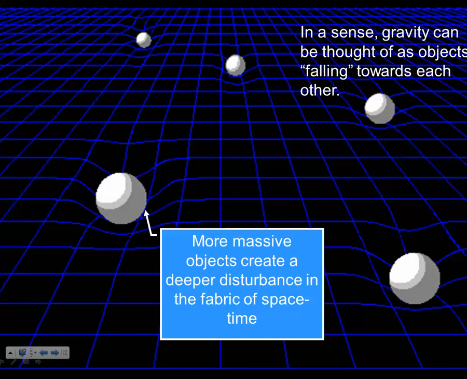And I know this is going to be cheesy, but you'll see it. As the objects fall into these depressions in the space-time fabric, they fall towards the object. And in this case, you saw it kind of came in and went around, came back out again. There we go. One more time. And so you can think about that, like planets going around the sun or moons going around planets. They're kind of falling in towards those objects because the space-time's distorted. And I know this is not the best way to show it, but it's okay.